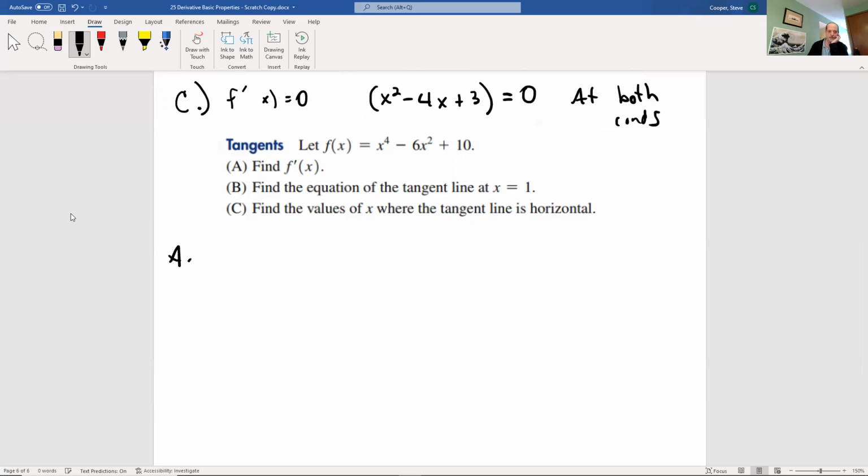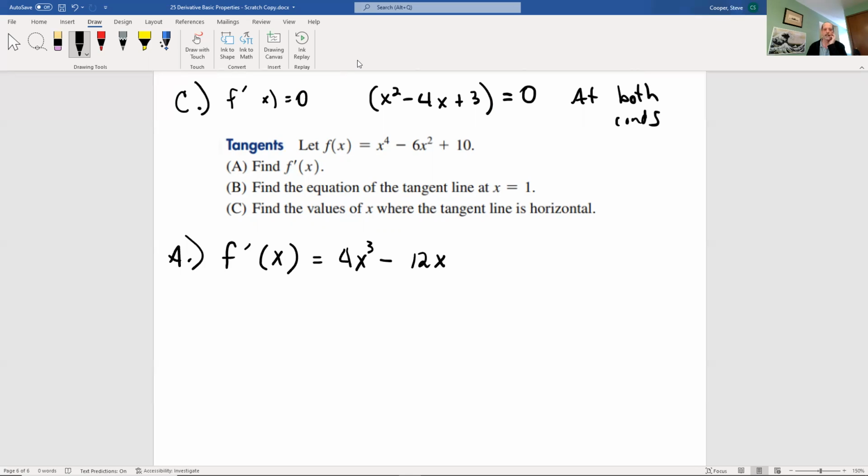It's a repeat performance here. F prime of x, different function, is equal to 4x to the 4 minus 1, so 4x cubed, minus 2 times 6x to the first, so minus 12x. And then remember, it's just plain old 0 for a constant.